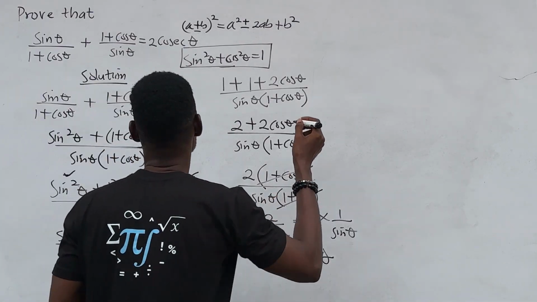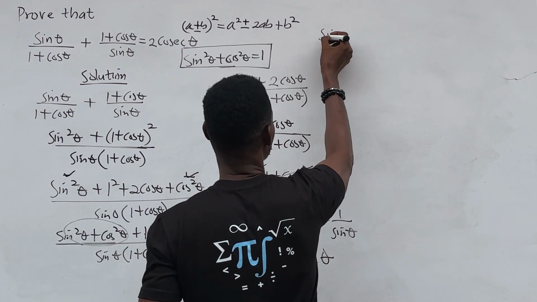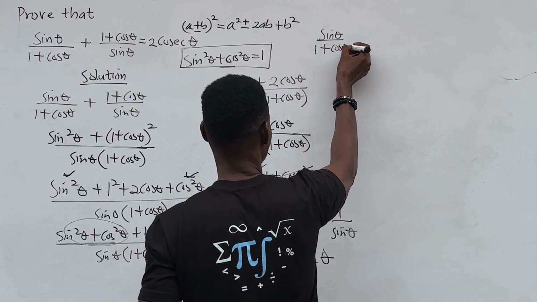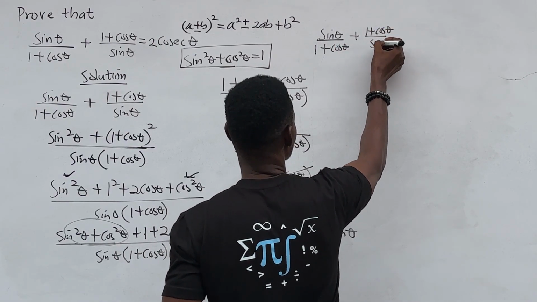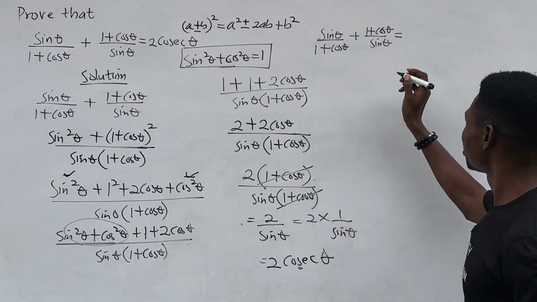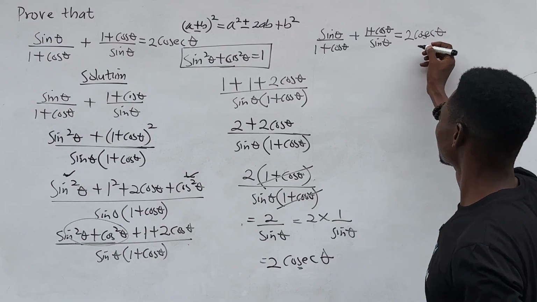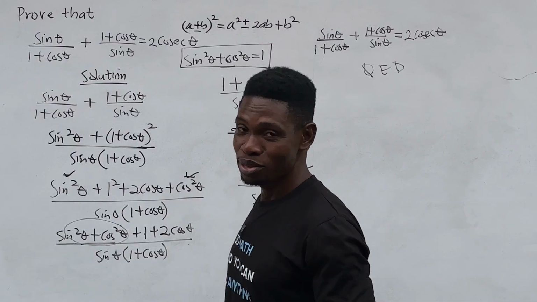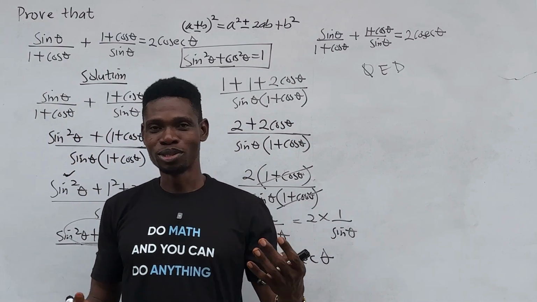So it means that sine theta over 1 plus cos theta plus 1 plus cos theta over sine theta is proven to be 2 cosec theta. So proven. A lengthy one but very interesting. I like trigonometry and I hope you do too.